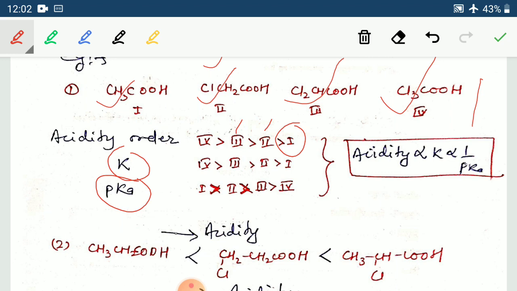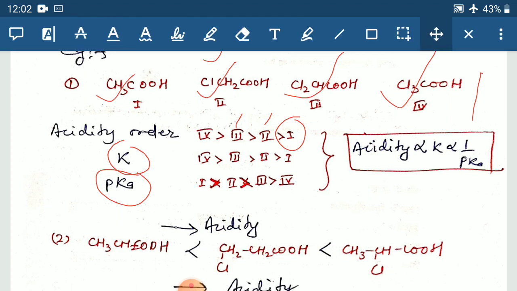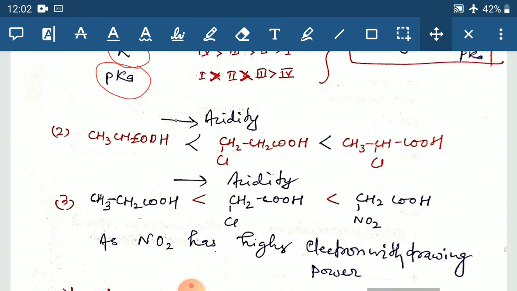Now let us take another example. Here, the substituent is either close to the carboxylic group or far away. If it is close, then its effect, its impact, will be more. If it is far away, then its effect will be less.